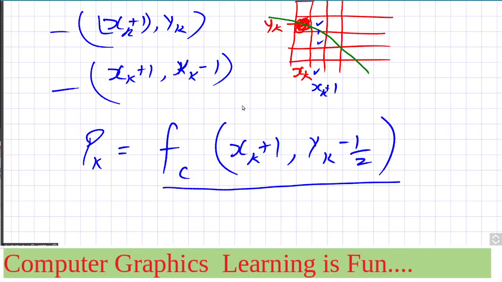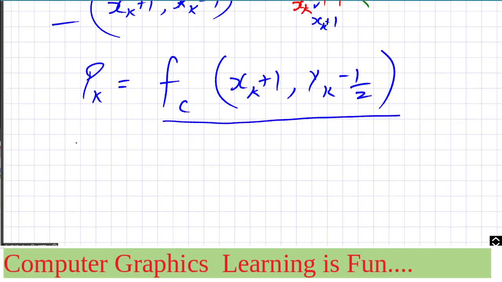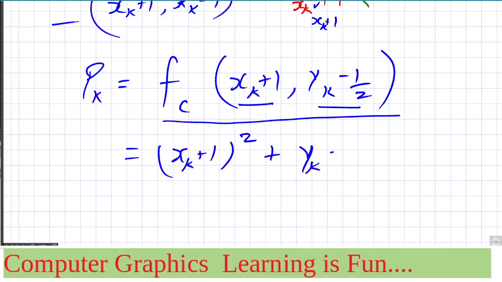What will it look like? It will be the value of this square plus this square minus r square, right? (xk plus 1) square plus (yk minus half) square minus r square.